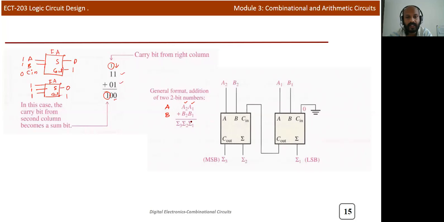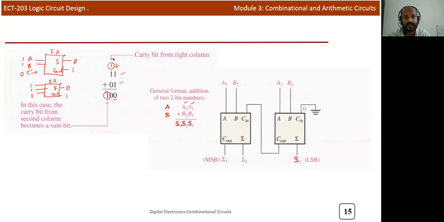And here you can see 3 sum bits, S1, S2 and S3. This S3 is the carry out of the last full adder. If you add the first case with a full adder and the carry in equal to 0, you will get S1, that's the LSB. This is the carry of the first case.